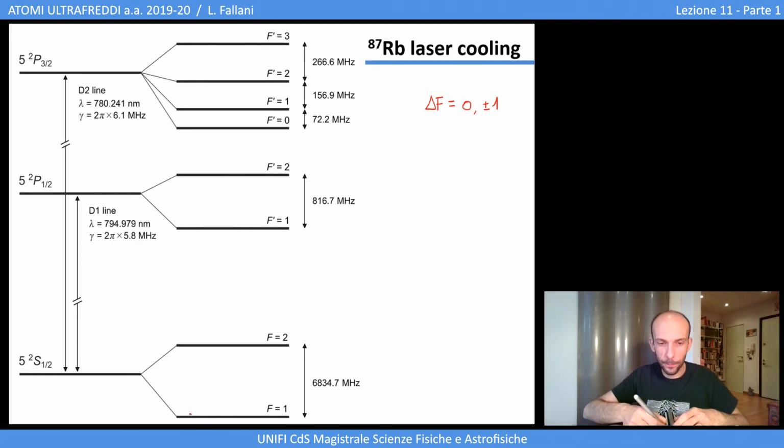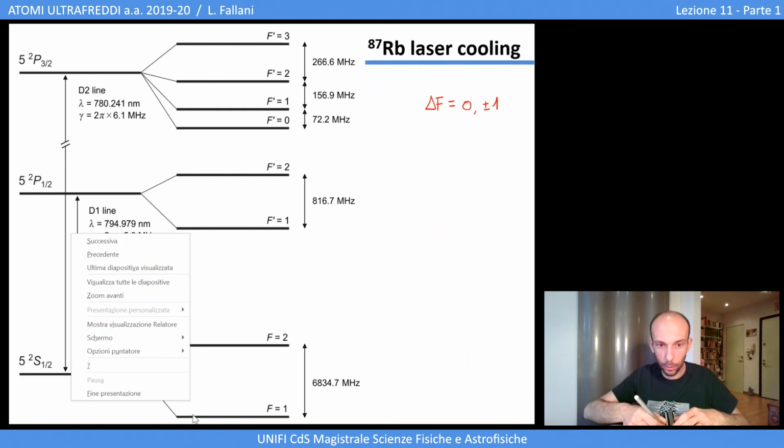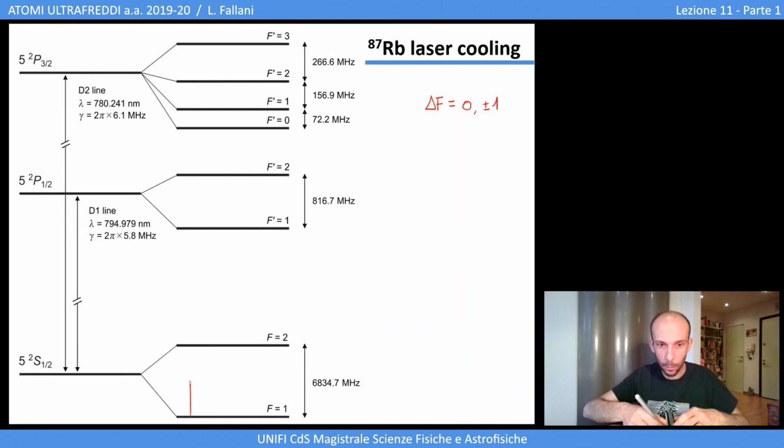So first choice is the excitation of the D1 transition from F equal 1 to F prime equal 1. Or we can have, of course, also the transition from F equal 1 to F prime equal 2.